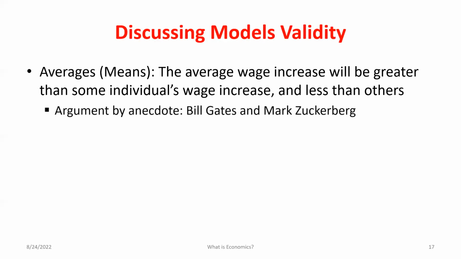So one thing in this class that we always have to remember if we're comparing averages, making generalized statements, is we're making general statements about the average person. So on average, an individual's wage is higher if they have a college degree versus not. But if you look at some college dropouts, right? Bill Gates is making way more money. Mark Zuckerberg way more money than people who have graduate degrees, right?